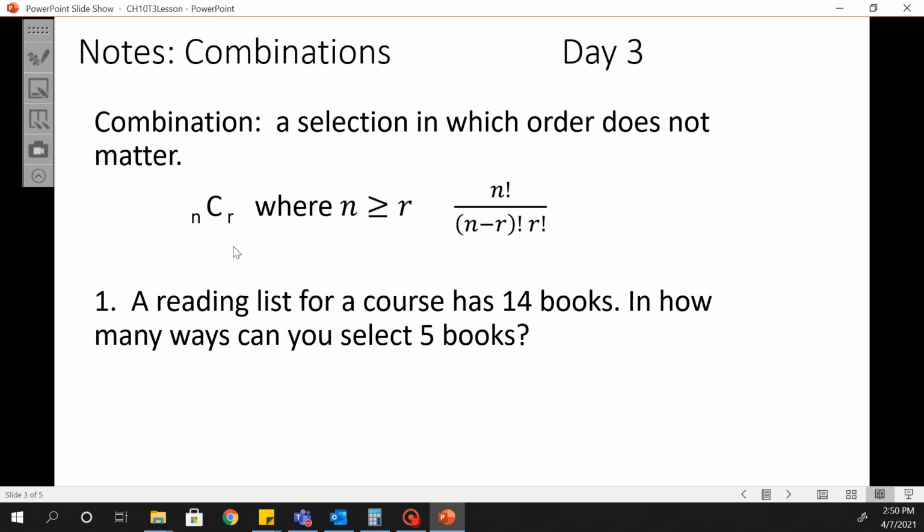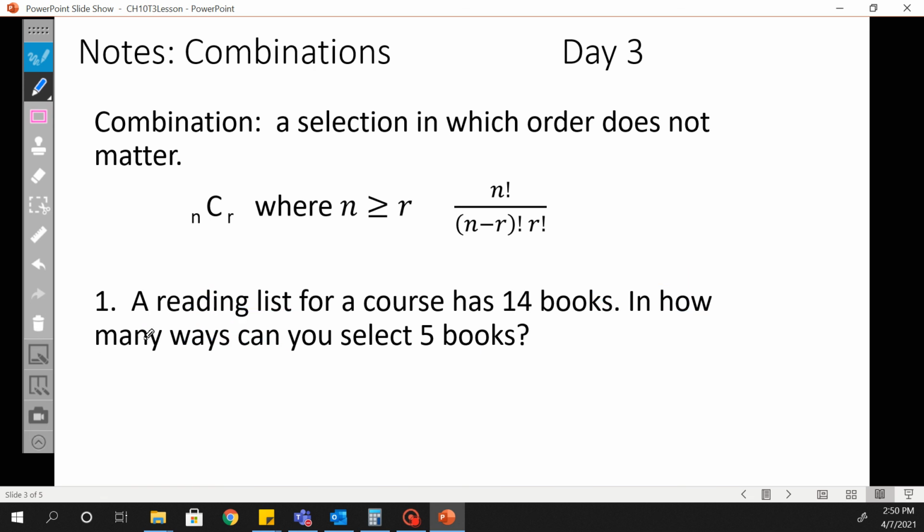Let's try some examples. A reading list for a course has 14 books. How many ways can you select 5 books? The order doesn't matter: 5 books is 5 books. It doesn't matter if the Harry Potter book is the first book you choose or the last book you choose. It's still part of the 5 books. So this would be 14 choose 5, because you're choosing a certain number out of that group.